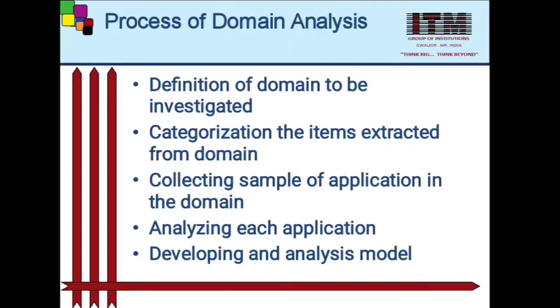Now the next one is analyzing each application. Basically in this phase the reusable objects are identified first, then the percentage of applications in the domain that might reuse the object is found out. For this purpose the analyst uses some particular steps. It identifies the candidate reusable objects, and indicates the reason that the object has been identified for use.